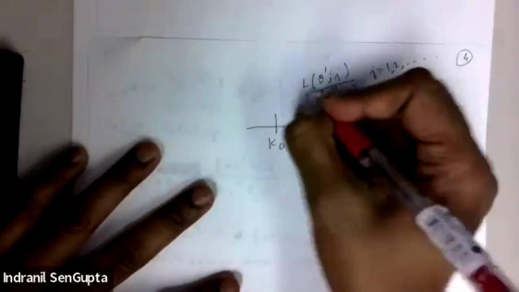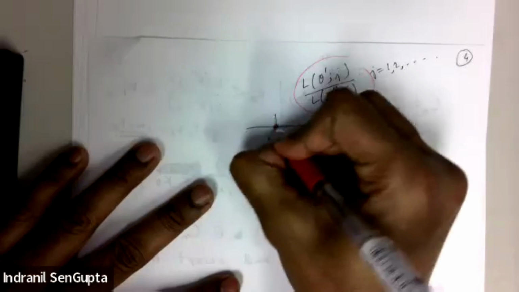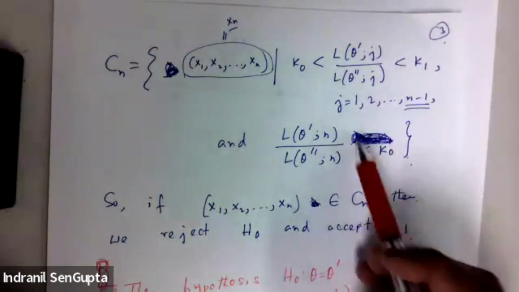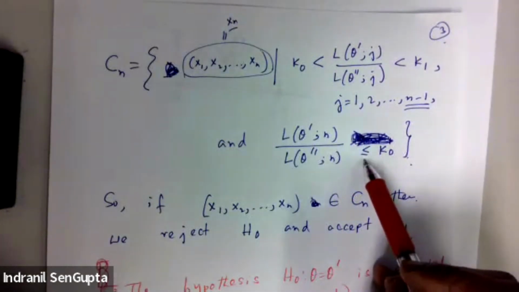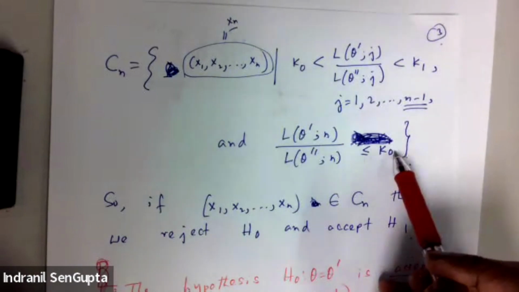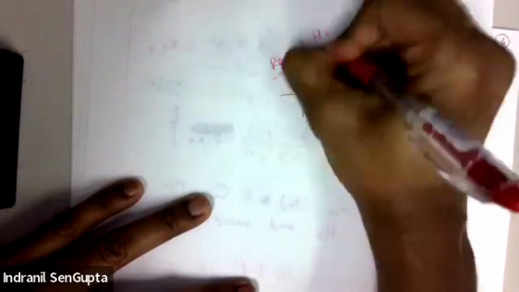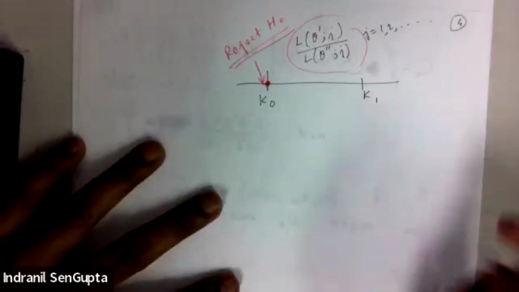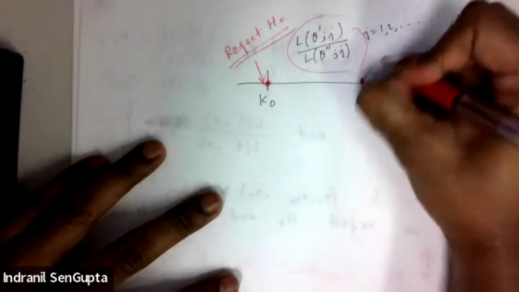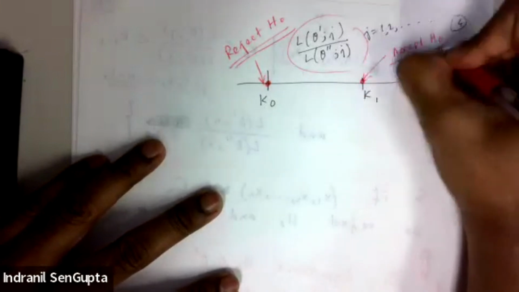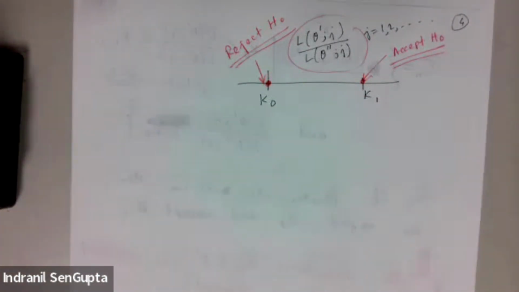As soon as this quotient has a value less than or equal to the left endpoint, then we reject H0 and accept H1. But as soon as this value hits K1, we accept H0 and reject H1. So that is the schematic.